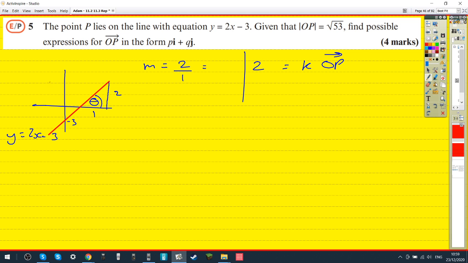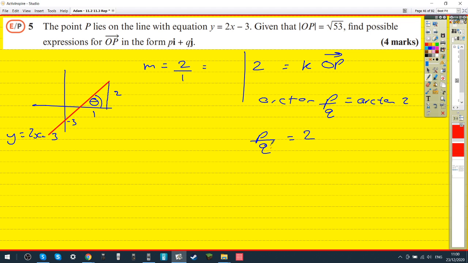Let's see, so O to P. So arctan of P over Q is the same as arctan 2, so we know P over Q equals 2.